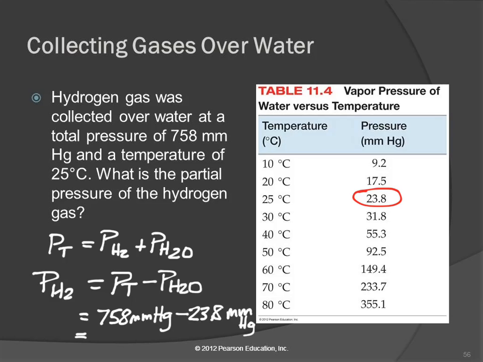So 758 minus 23.8, 734 is the pressure due to the hydrogen. Any questions?